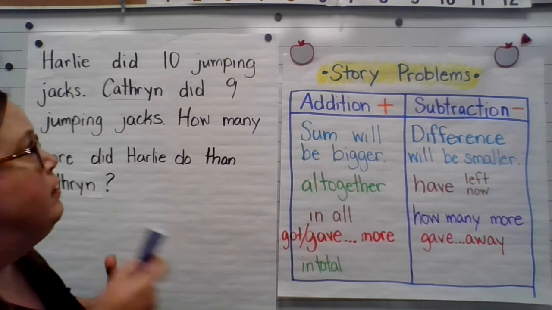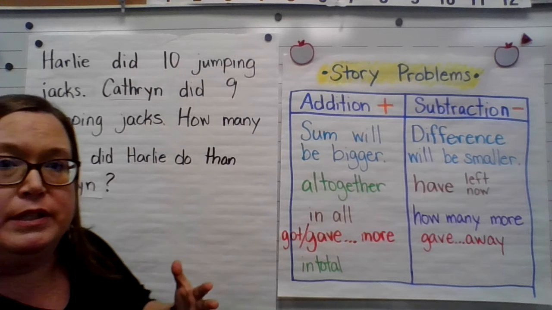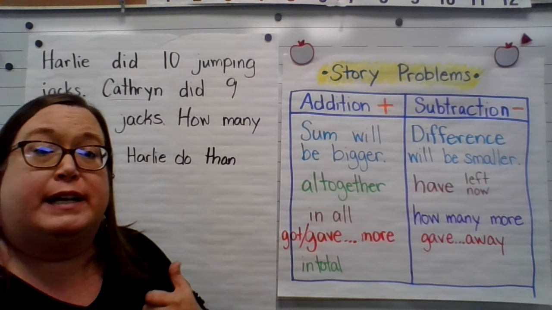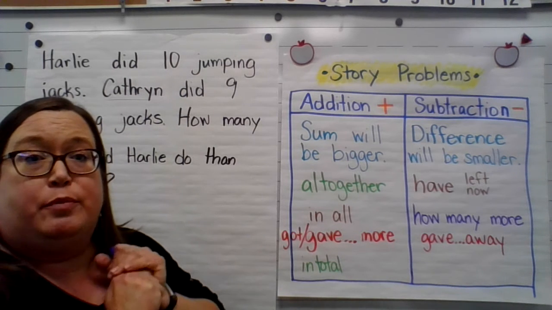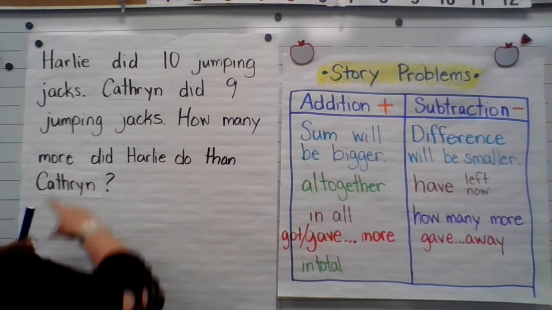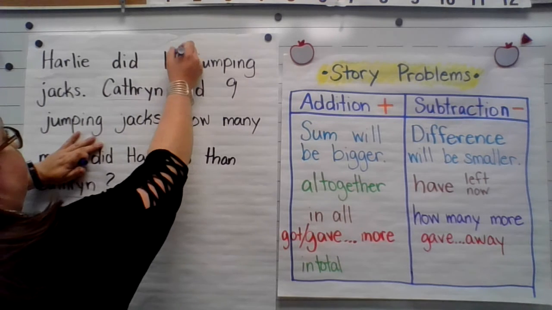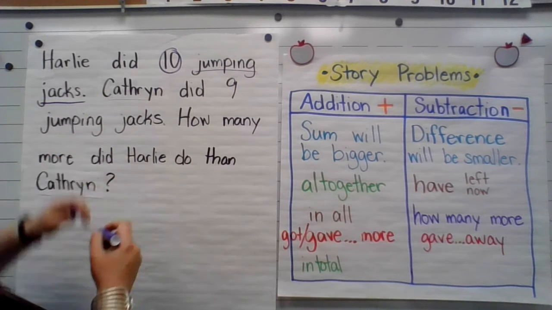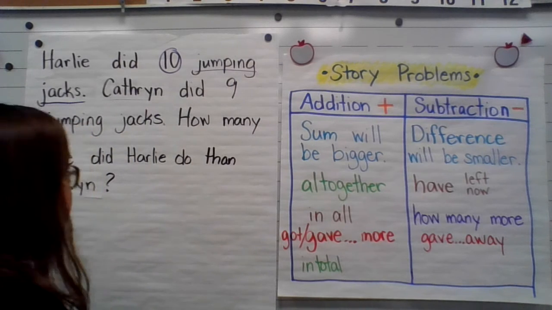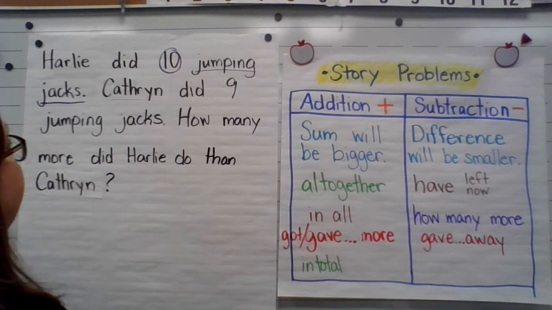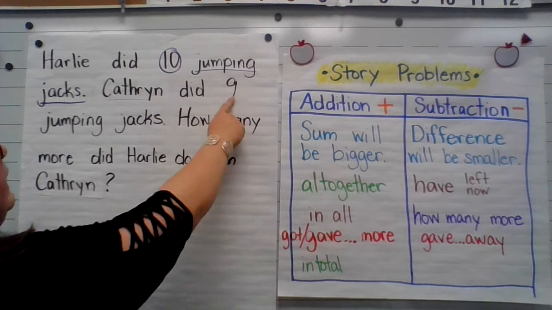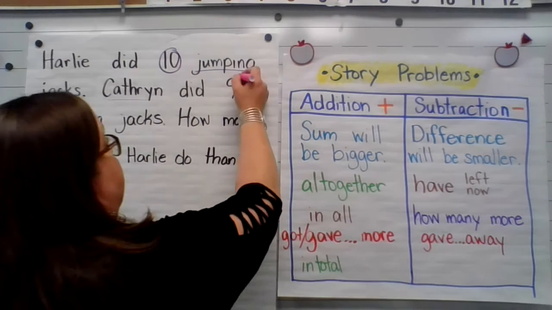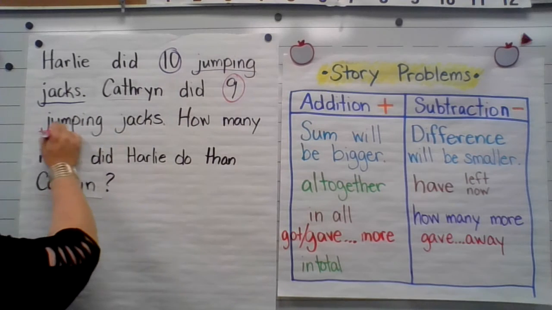So let's circle the numbers that are important and we'll underline the important words, okay? Harley did 10 jumping jacks. That's important. 10 what? 10 jumping jacks. Catherine did 9. That's an important number. Jumping jacks.